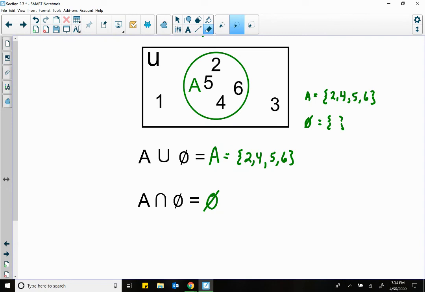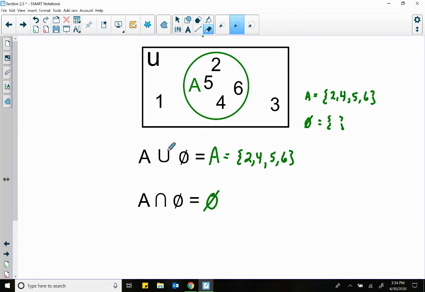So hopefully what you found here in general is, if I take any set, doesn't matter what set it is, union the empty set, I get that beginning set back out. It's like adding 0. If I take any set that I want and intersect it with the empty set, I get the empty set. Kind of like multiplying by 0, because 0 times anything is nothing. So that's what these are like if you put operations to them.